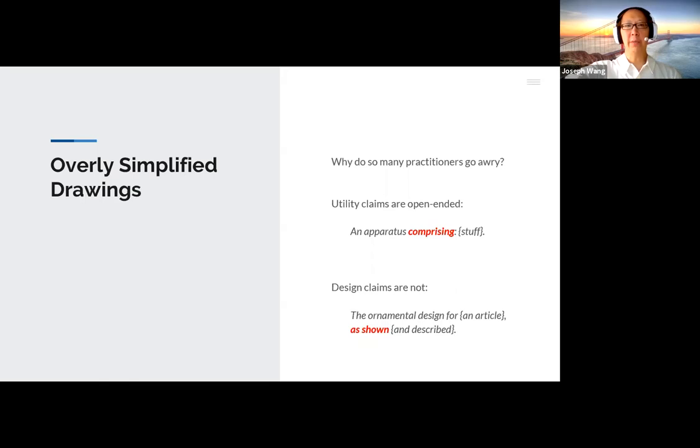There are a lot of reasons for this, but trying to cut to the chase and really look at the heart of why people are doing this, it seems that a lot of folks have this habit from the utility side. I practice a lot of utility work too. We are used to utility claims being open-ended, and because they're open-ended, a short list of details is going to be broader than a long list of details, right?